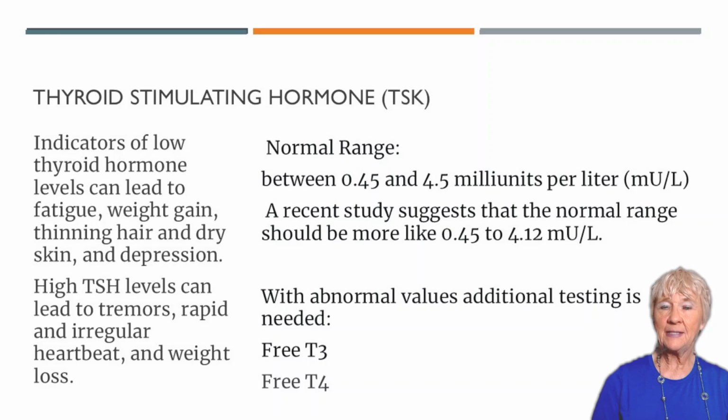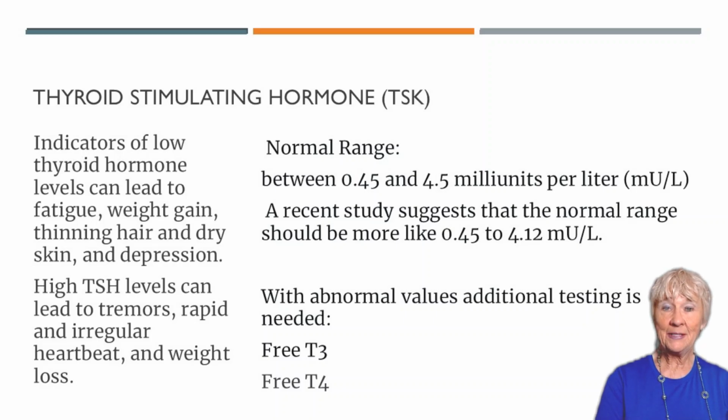Normal ranges of TSH are typically between 0.45 and 4.5. A recent study suggests that between 0.5 and 4.12 may be a better range for some people.